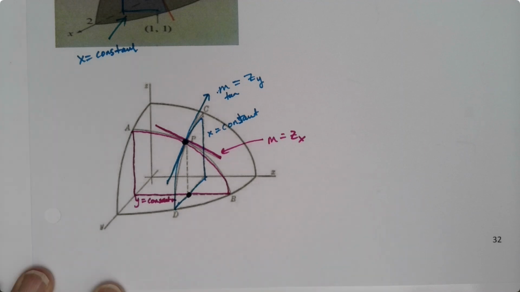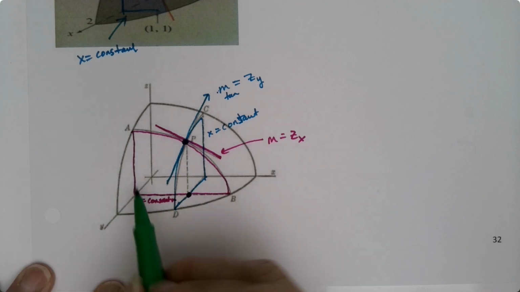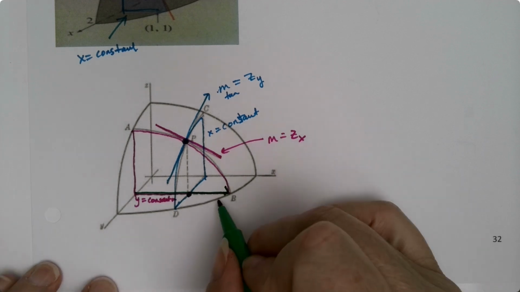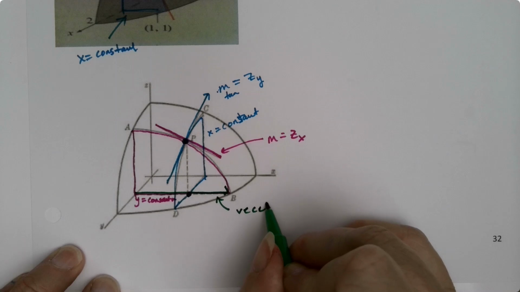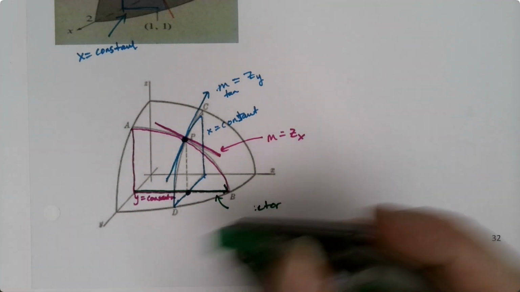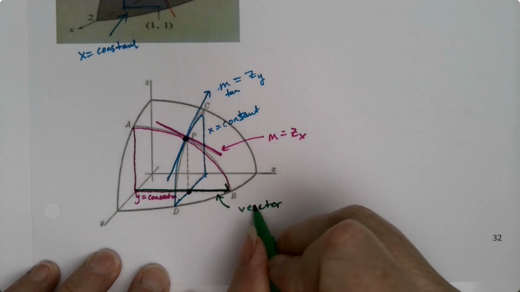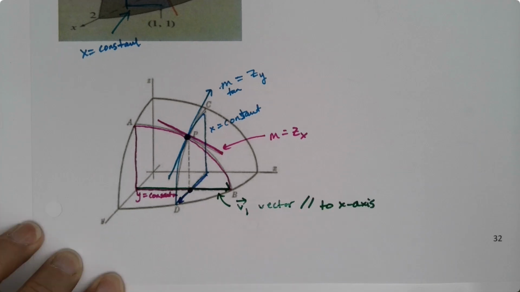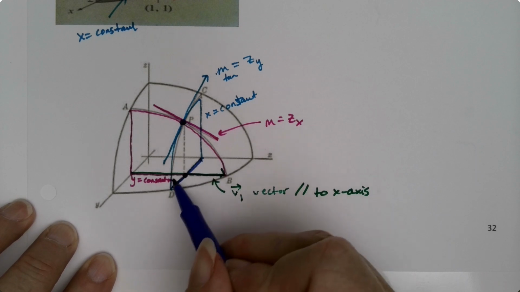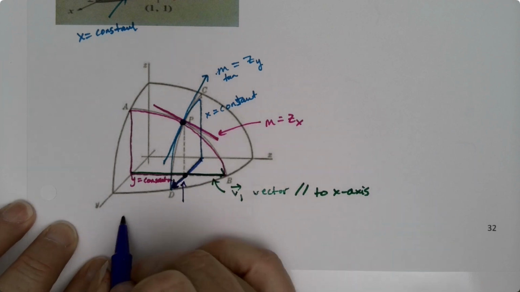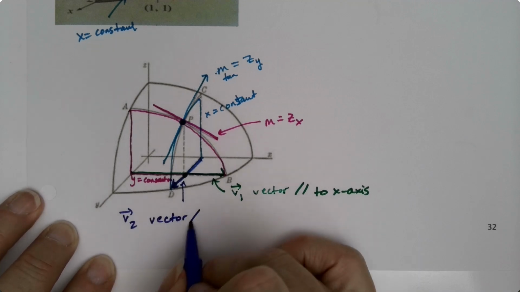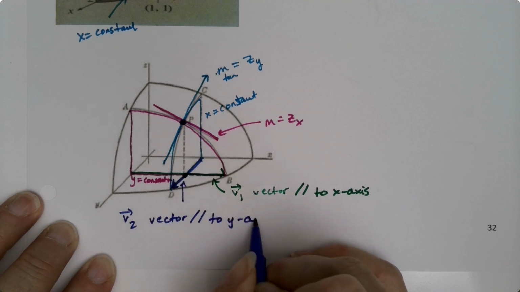So we have this vector here, which I'll call V1, a vector parallel to the x-axis. And there's another vector right here, which I'll call V2, a vector parallel to the y-axis.